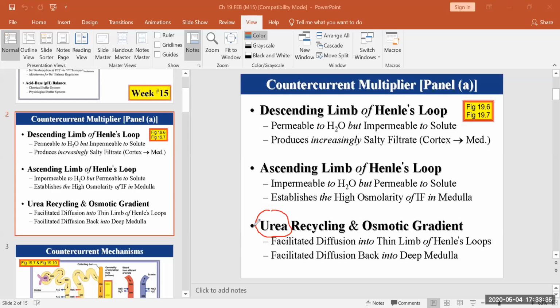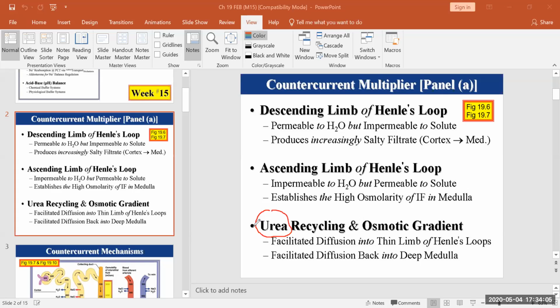So we basically excrete waste product coming from protein breakdown in the form of urea. But we don't excrete 100% urea. We only, by the way, excrete 40%. We reclaim 60% of the urea because that urea helps to maintain this osmotic gradient along the renal medulla.